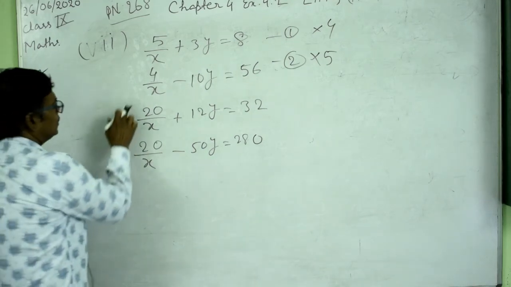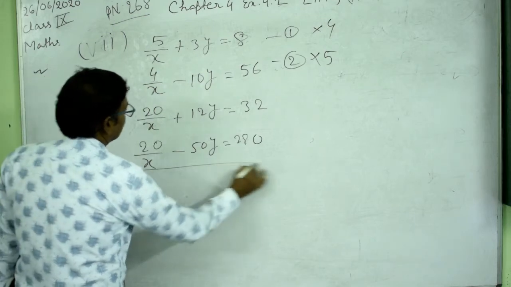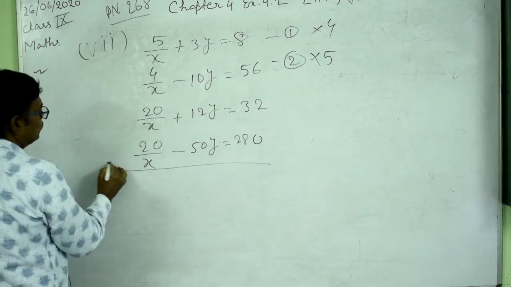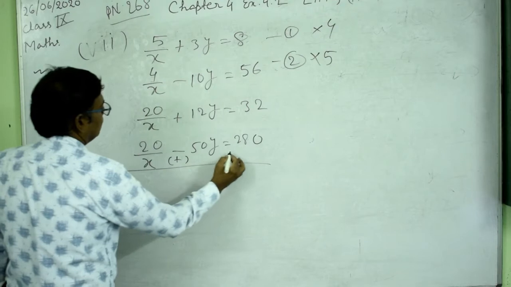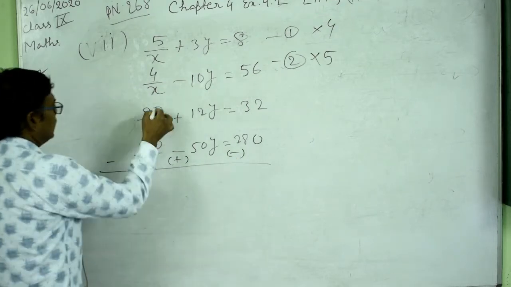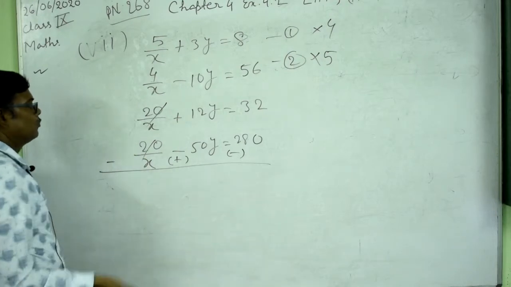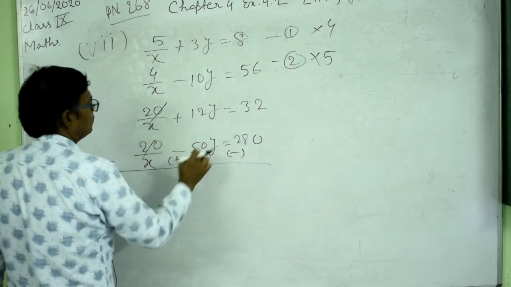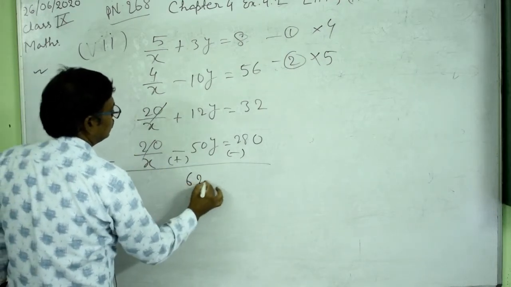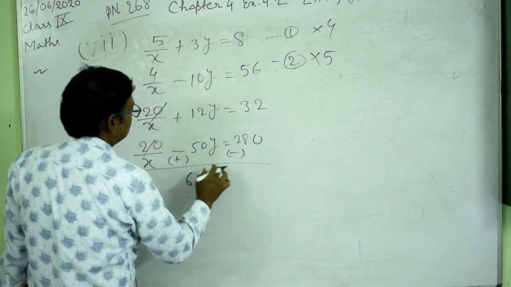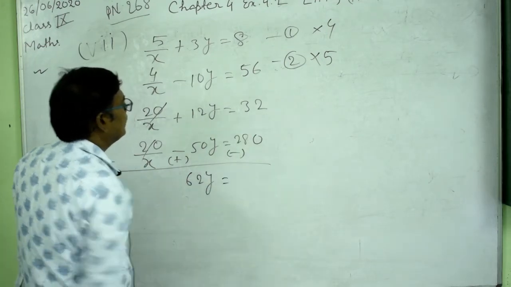Now these two are positive here, so we have to subtract, so they cancel out, so minus here, then plus and minus. So then this will be 0 again. I told you how 20 by x minus 20 by x will be 0, and here 12y plus 50y will be 62y, and this is positive, and here the answer will be negative.